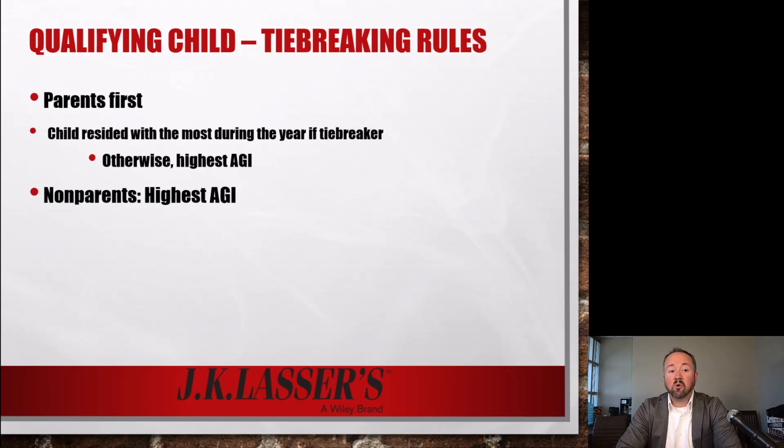Now, what if both parents are eligible? The tiebreaker is then based on the parent with whom the child resided with the most during the year. We sometimes refer to that as the custodial parent.